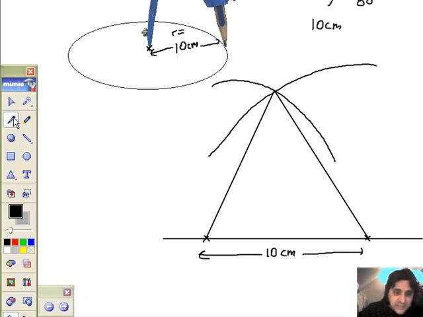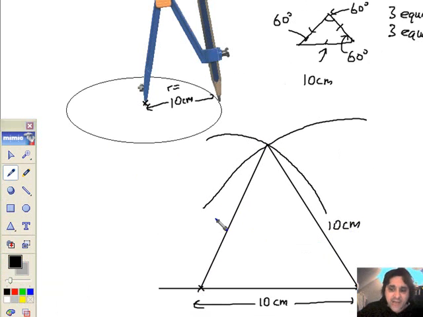Never you mind. If you listen to what I've said in the instructional video, you will in fact produce a very accurate equilateral triangle. All lengths will be 10 because you're putting the compass point there and the pencil, and then you're swinging round. Then you're putting the compass point here and swinging round to the left. The arcs overlap. Don't rub them out, you leave them.